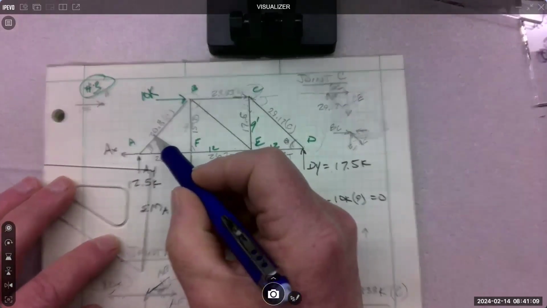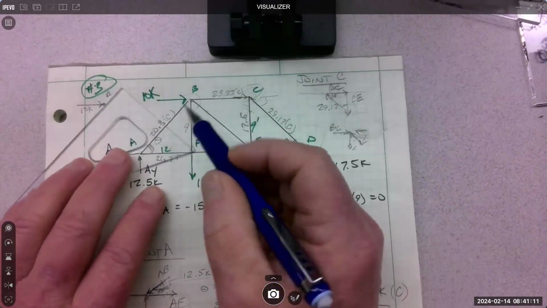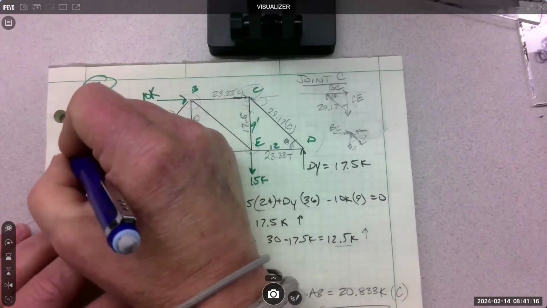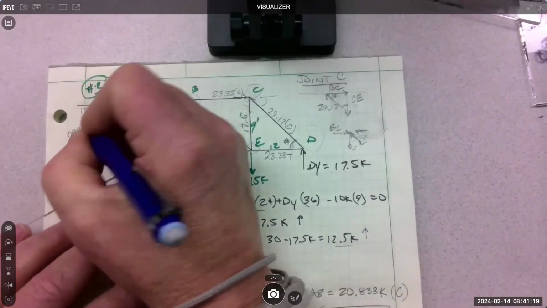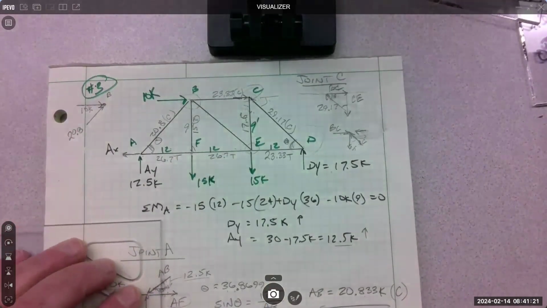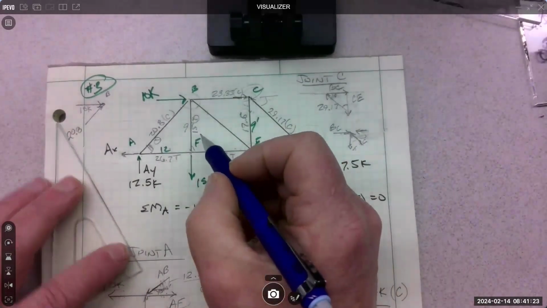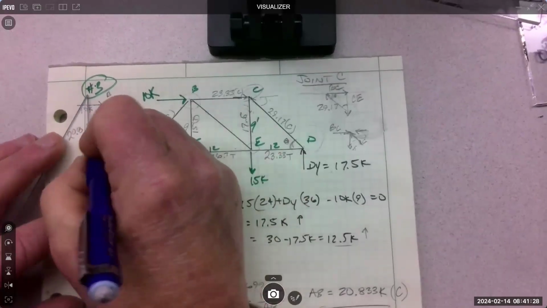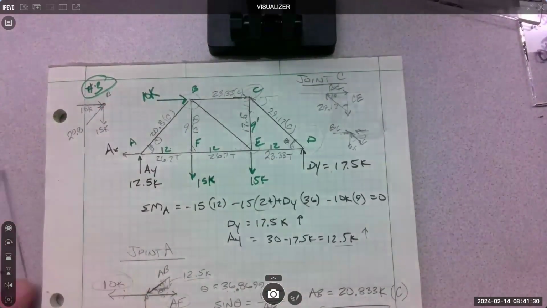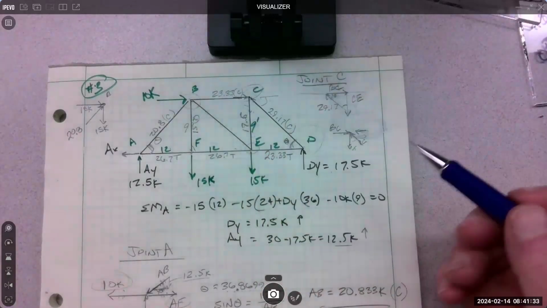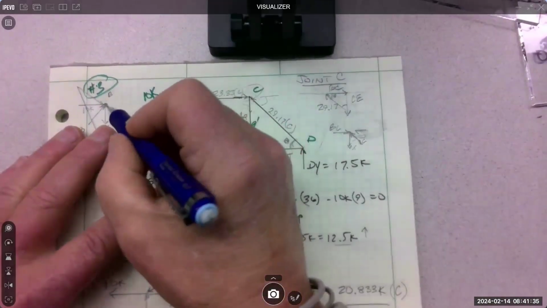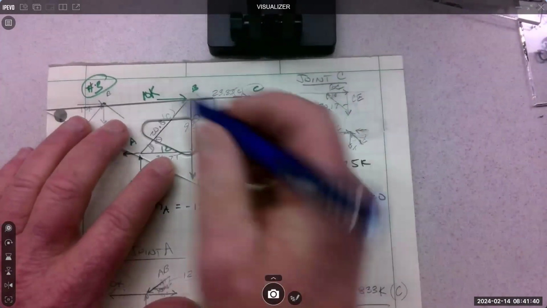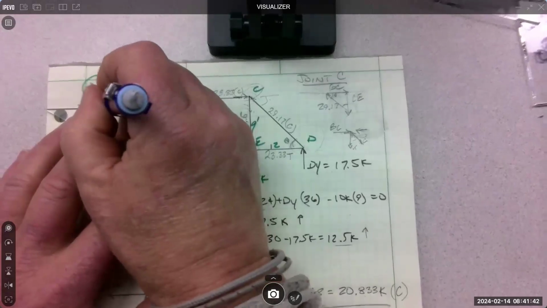I know 20.8 in compression is also coming in, that's rounded. I know that 15 is coming away. I'm just reading my force diagram here. I have no idea what BE is doing, but I know it's there like that. And then I have 23.33 in compression, and that's coming in.